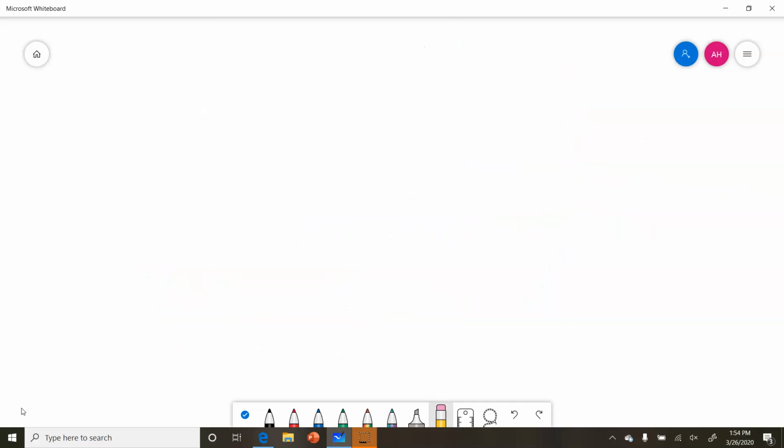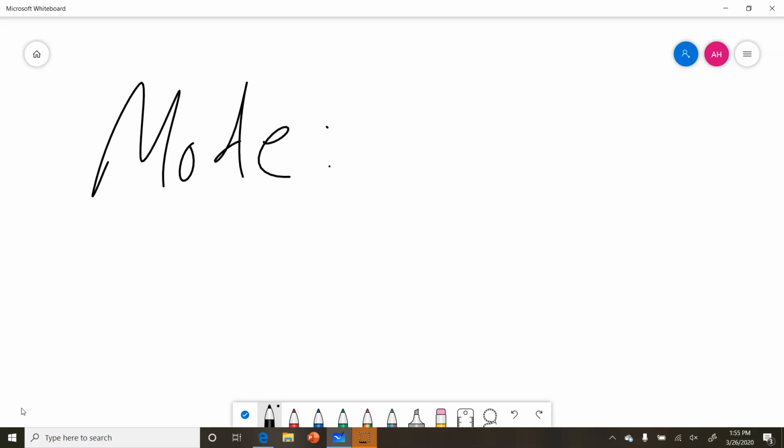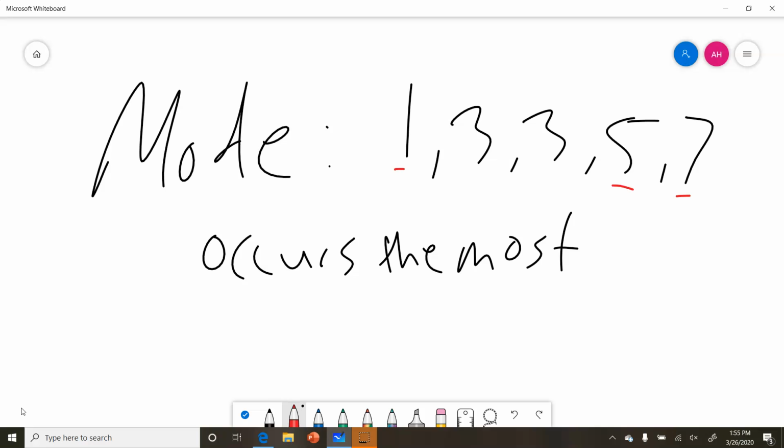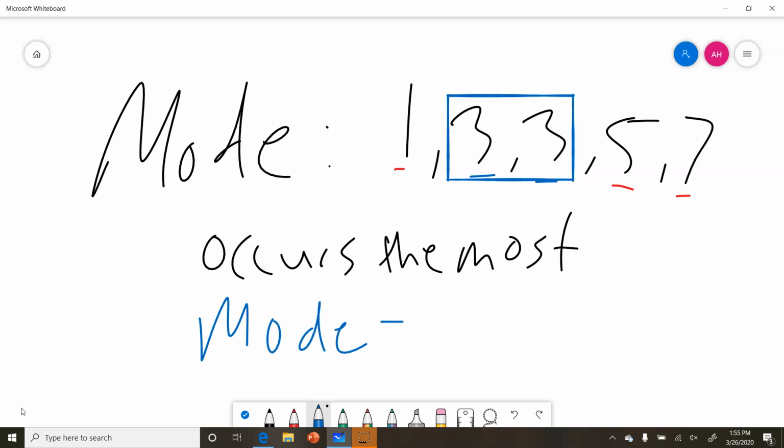Okay, the last thing that we talked about, so this should all be review, is the mode. Mode is the one that occurs the most. That's easy to remember, right? So this is quite easy because 1 occurs one time, 5 occurs one time, but 3 occurs 2 times. So our mode equals 3.